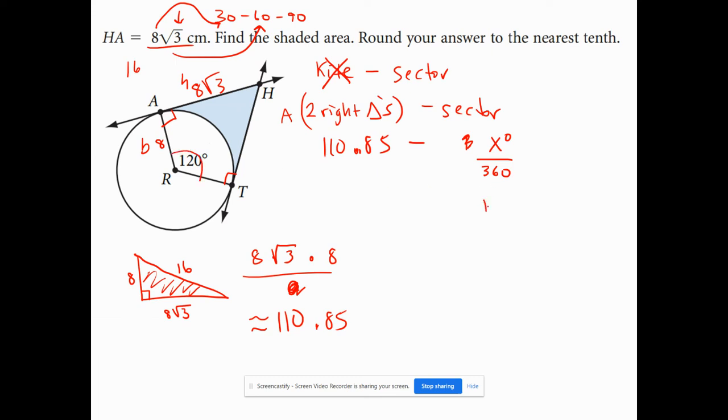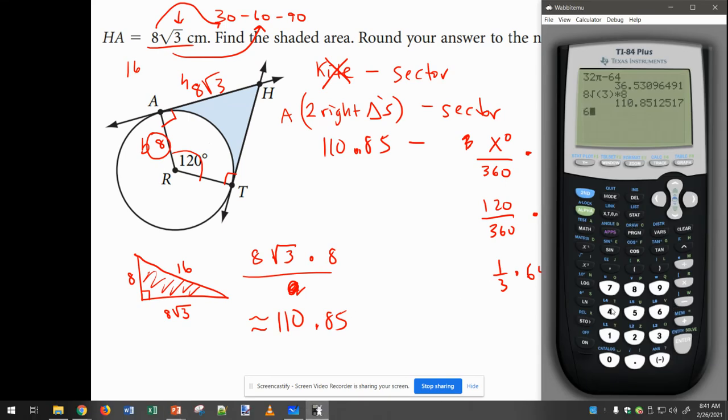So I do 120 over 360, which is exactly 1/3, times the area of the whole circle. So I need the radius, and I have it. It's 8. Okay, so then I just do times 64 pi, 1/3. So I could do 64 pi divided by 3.